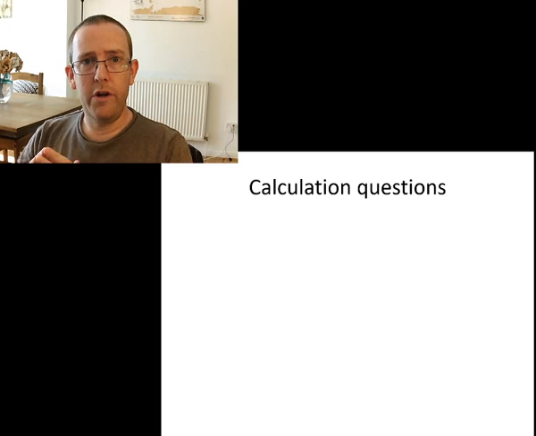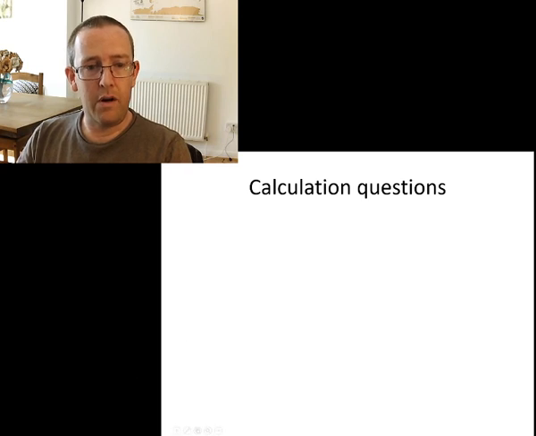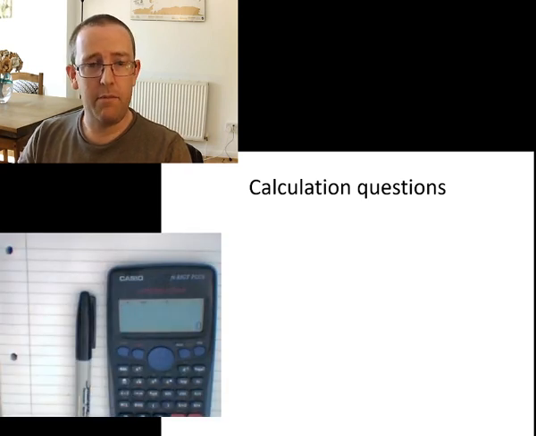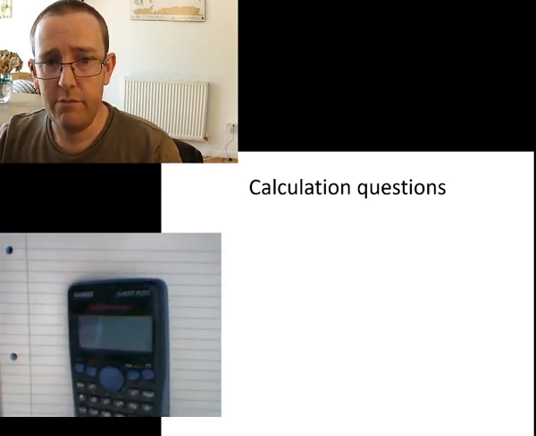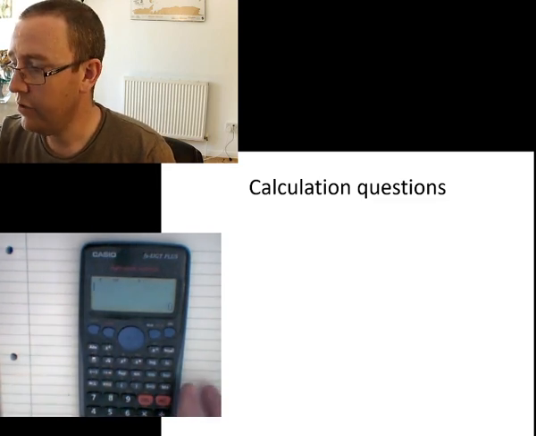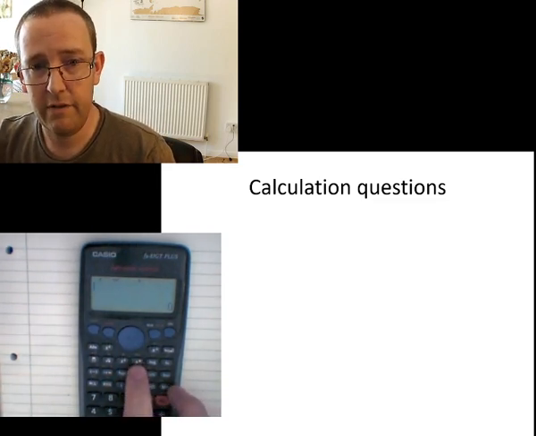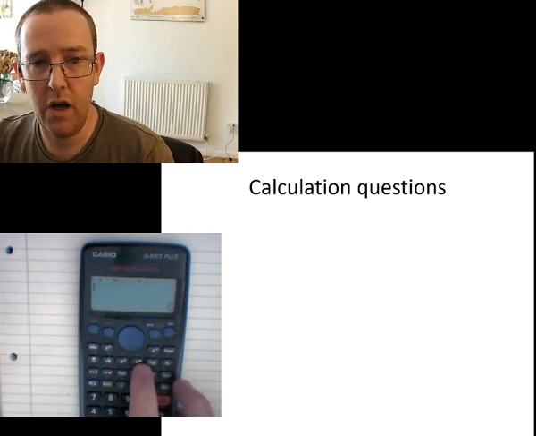Okay, so we're going to do a few questions together. We're going to work through the answers to these. So I want to show you an important button on your calculator, which means I now need to bring in my second webcam, which is down here. Now on your calculator, presumably you've got the same standard calculator that I've got. You've got this button just here, where it says X with a little box up at the top.